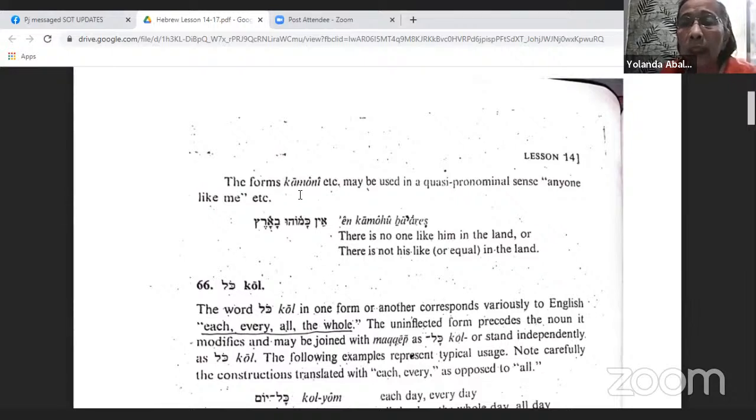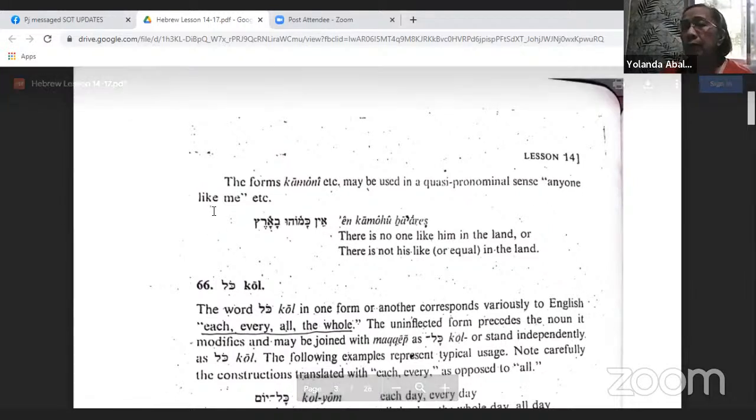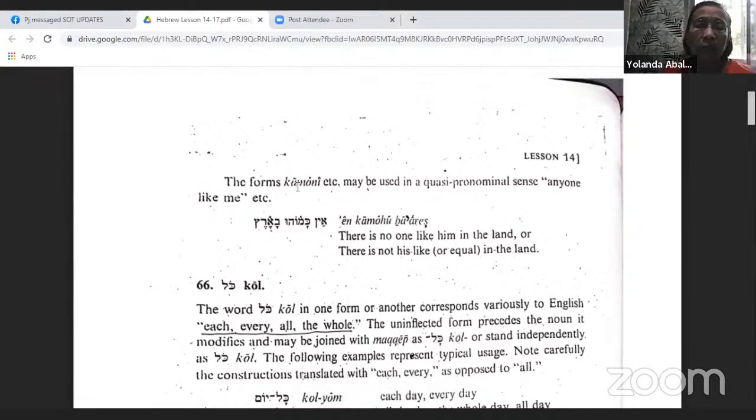Ano uli ang kamoni? Like me. Pero sa quasi-pronominal sense, it means anyone like me. Paano kapag nakita ka ng English? Anyone like me. Alright, so en kamoho baarets.